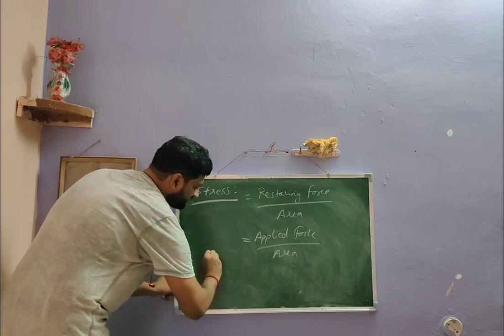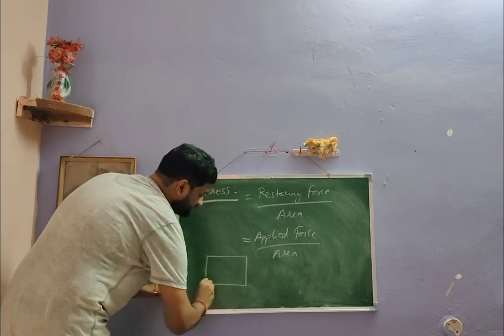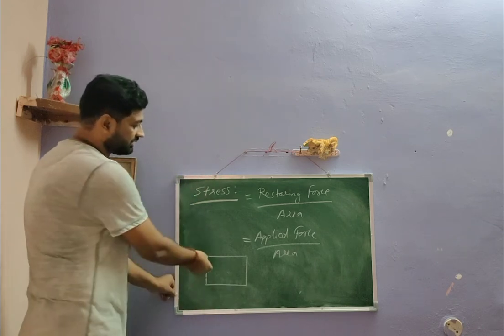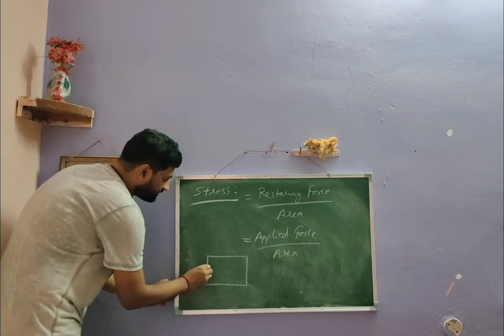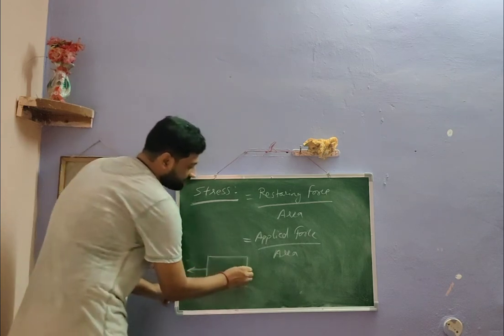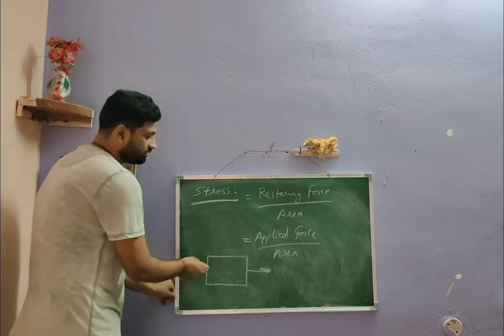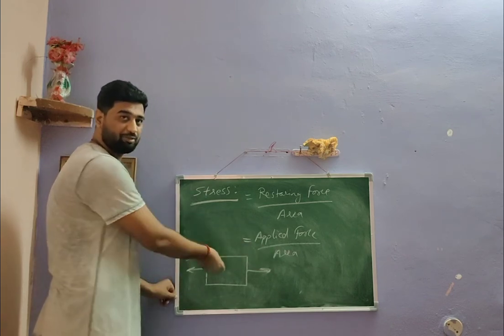First one is tensile stress. Let's consider an object and a force applied linearly outward. That means a pull is applied on this object.